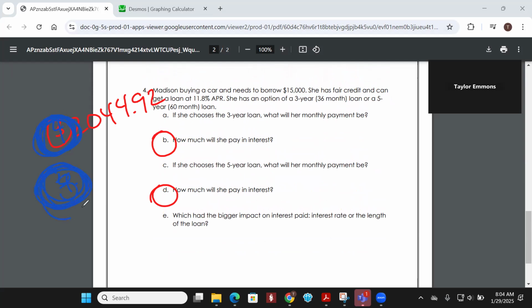So on number 3, what's the difference between B and D? It's 2,000. Okay, so did you do number 4?